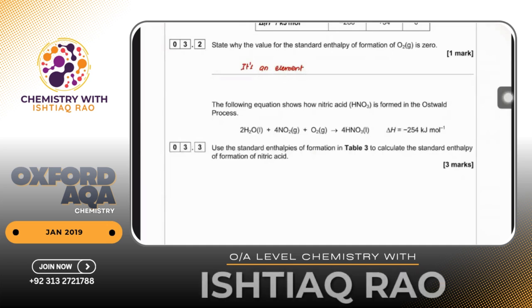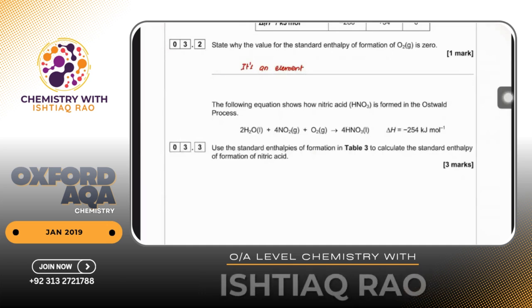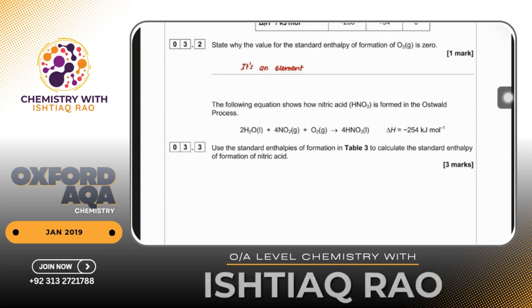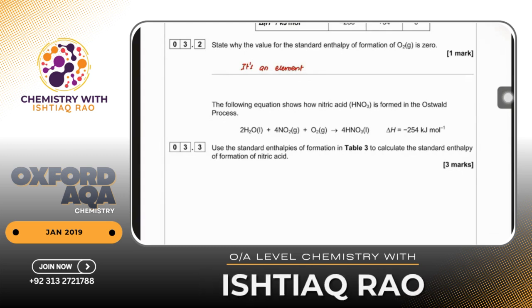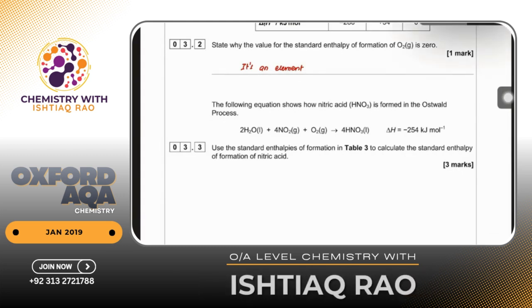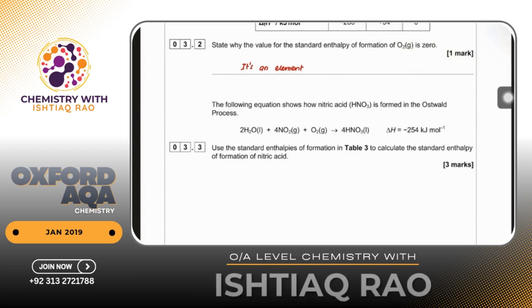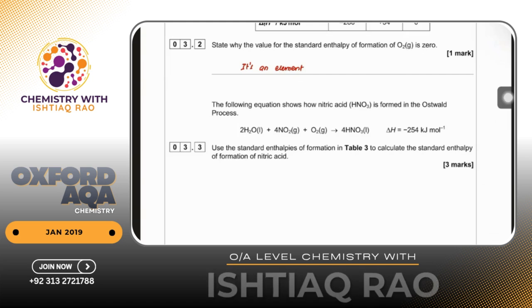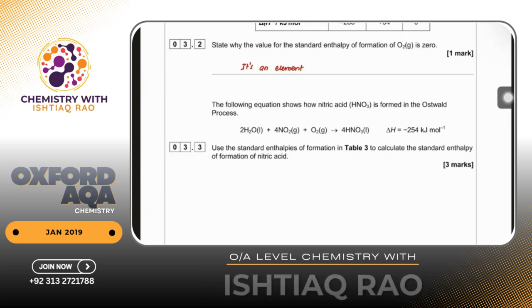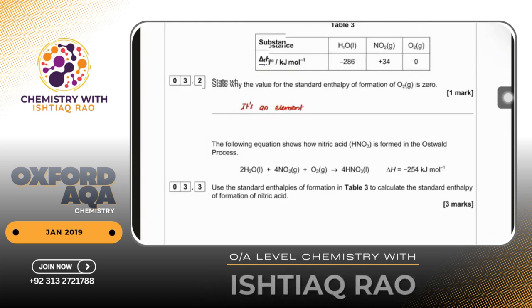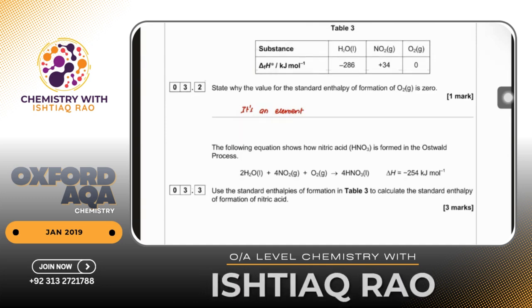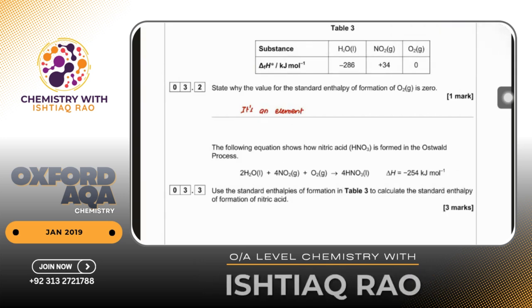So you can directly apply the formula. Wait, reactant minus product, right? Yeah, this is formation, product minus reactant.